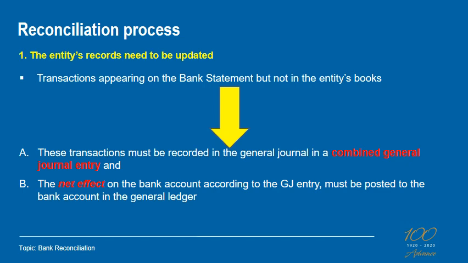Any transactions appearing on the bank statement but not in our books need to be recorded. It will be recorded in the general journal in a combined general journal entry. All transactions will affect our bank, therefore the net effect on the bank will be posted to our bank account in the general ledger.